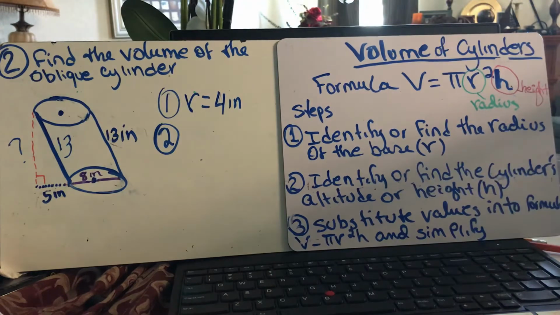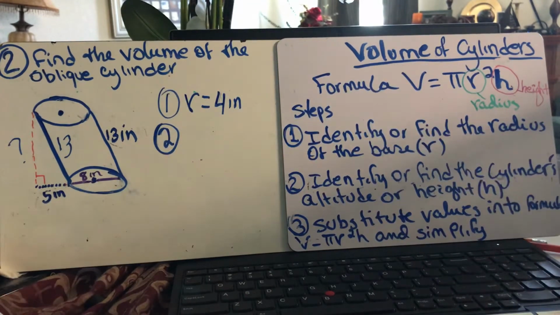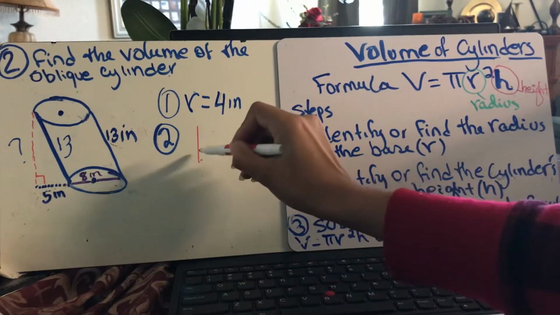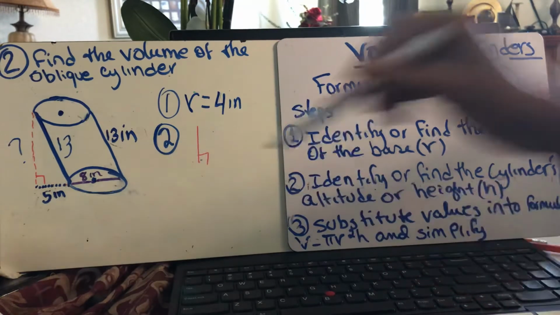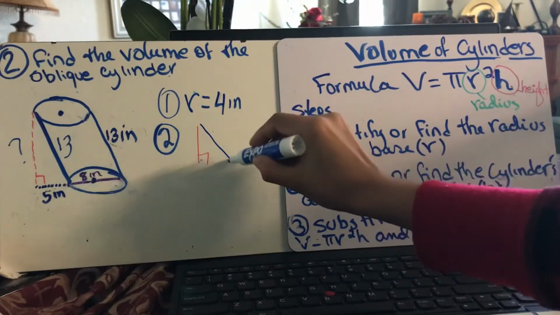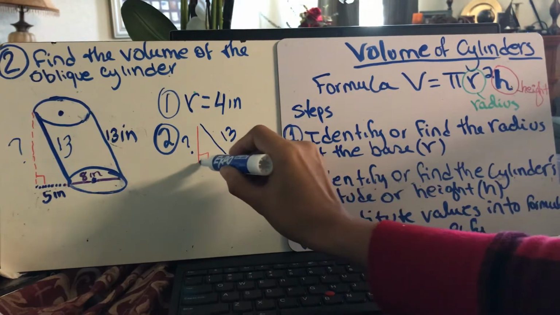I'm going to draw the triangle right here so that we can work it out and find its missing side. So I have the perpendicular segment, then this piece right here, 13, and then I have 5 inches here.